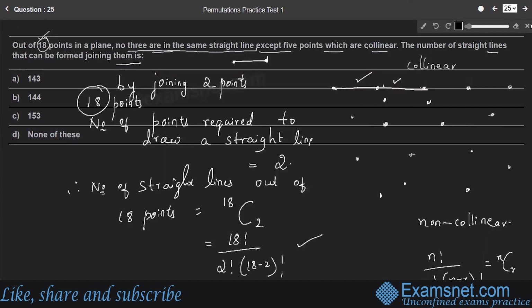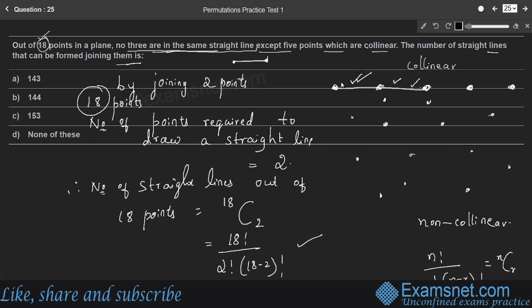So here the condition is, there can be maximum of 2 points, right, on a straight line. Here, another condition is no 3 points in the same straight line. Therefore, the 5 points which are collinear, right? So in which number of lines can be drawn out of 5 points, collinear points, right?